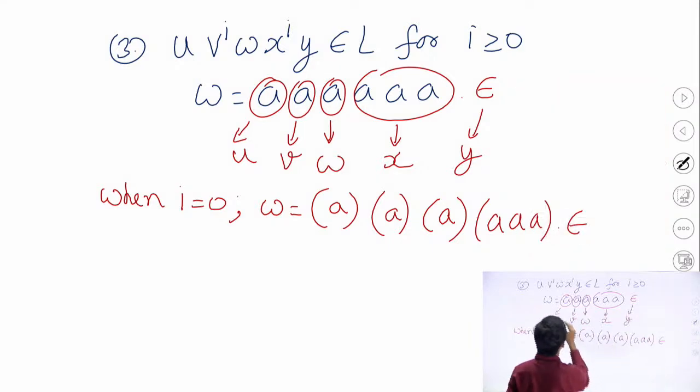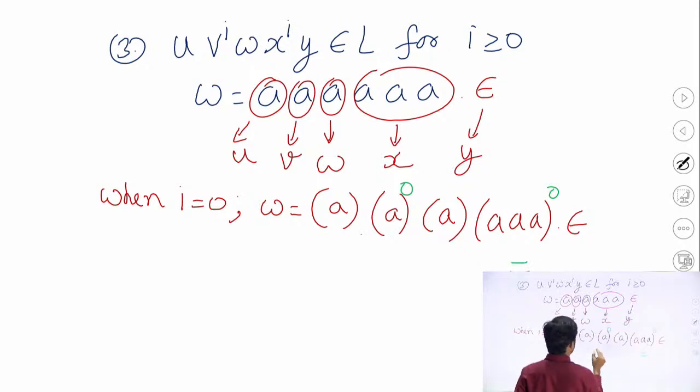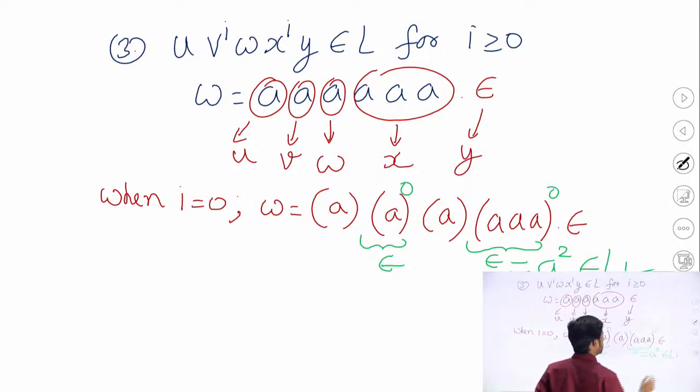Now v raised to power 0 and x raised to power 0 both become epsilon, so this is a square. Does this belong to language L? Yes, this belongs to language L.